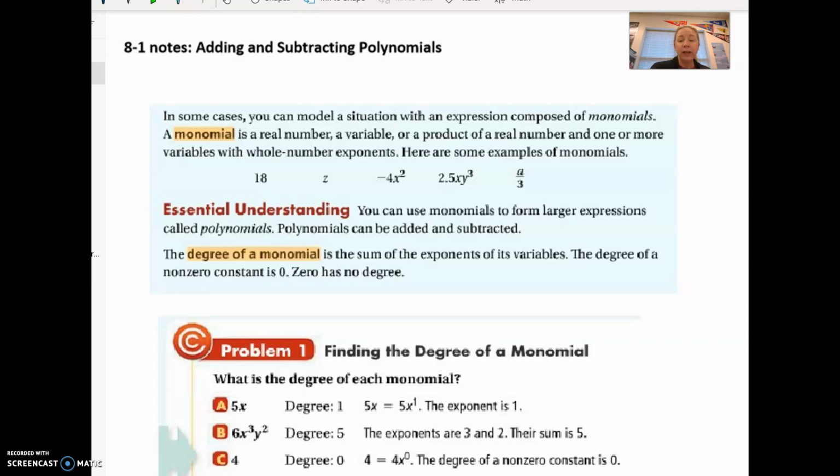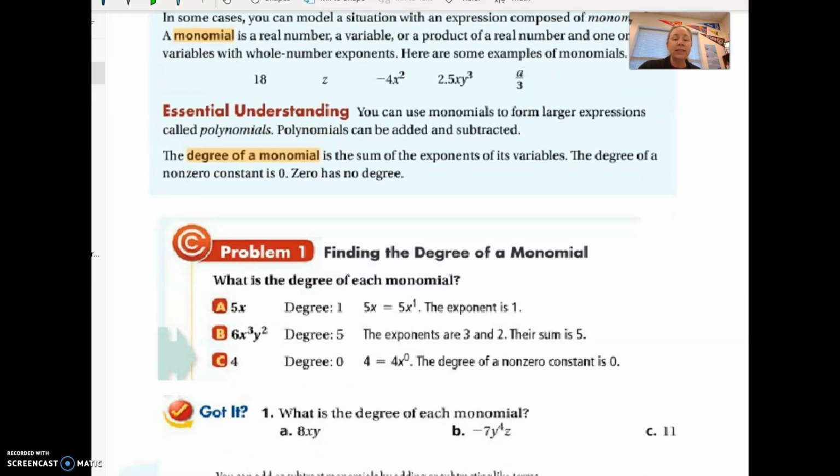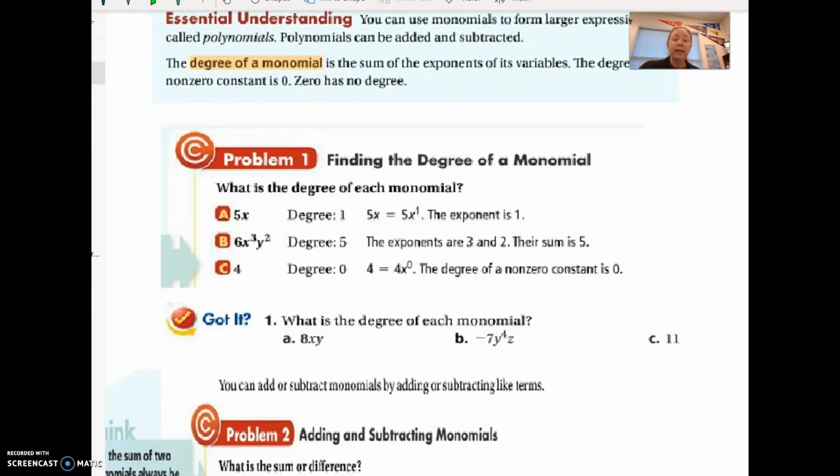The degree of a constant is always going to be 0, and 0 has no degree. So those are just some basics there.